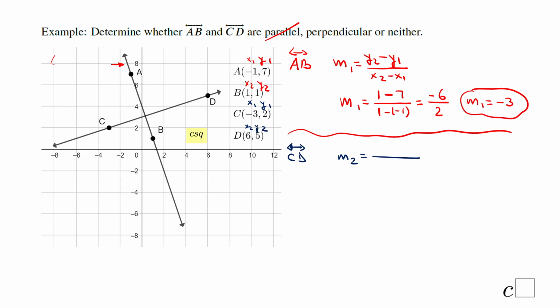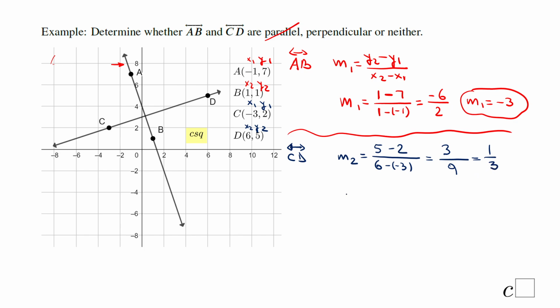So we have here 5 minus 2, that is y2 minus y1, and 6 minus negative 3, that will be x2 minus x1. And 5 minus 2 is 3, 6 minus negative 3 is 9. So we get 3 over 9, which is 1/3.